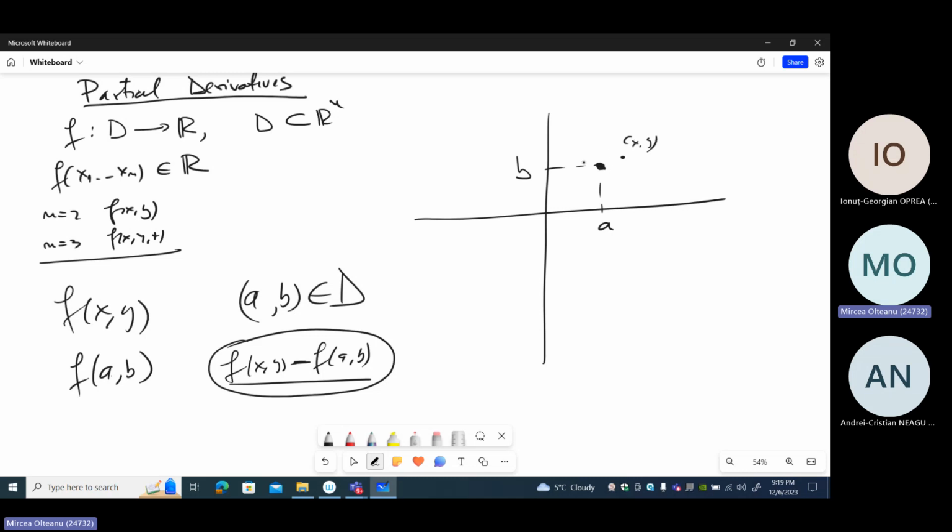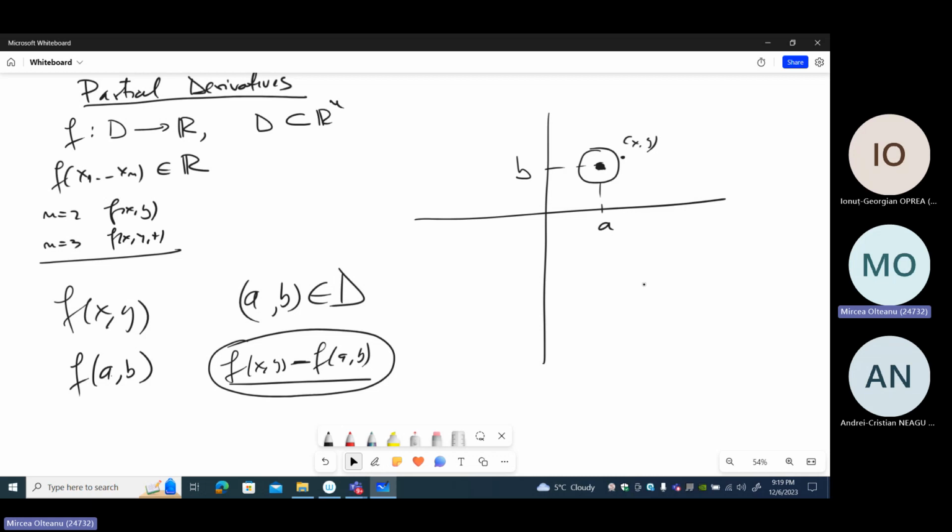In terms of calculus, that is the local behavior of the function around this point: how quickly the values of the function are changing when we are moving rather close to the point (a, b).